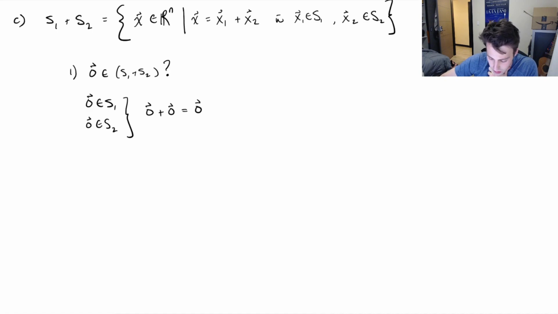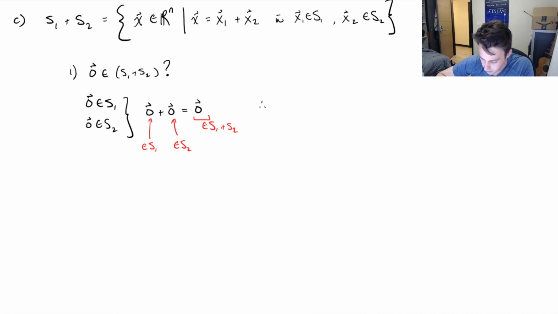So this here is something from S1. We're adding something from S2, and we are getting the 0 vector. So we are showing that the 0 vector is in S1 plus S2. So yes, the 0 vector does exist.